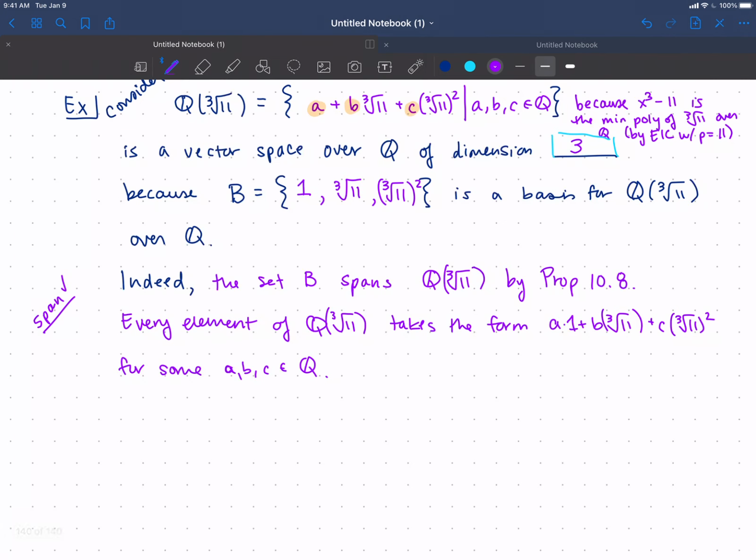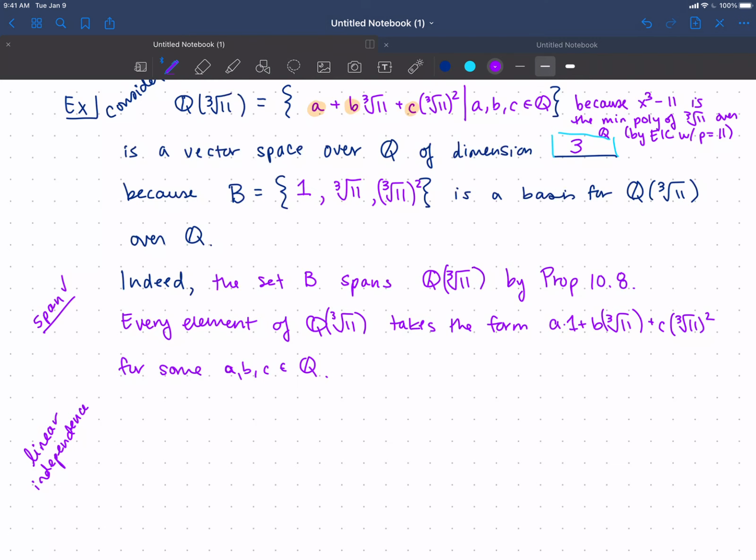The next thing that we need to do is show linear independence. What linear independence means is that if you write down a linear combination of these three things and get 0, it must be the case that all of the coefficients that you used, the a and the b and the c, were 0 themselves.